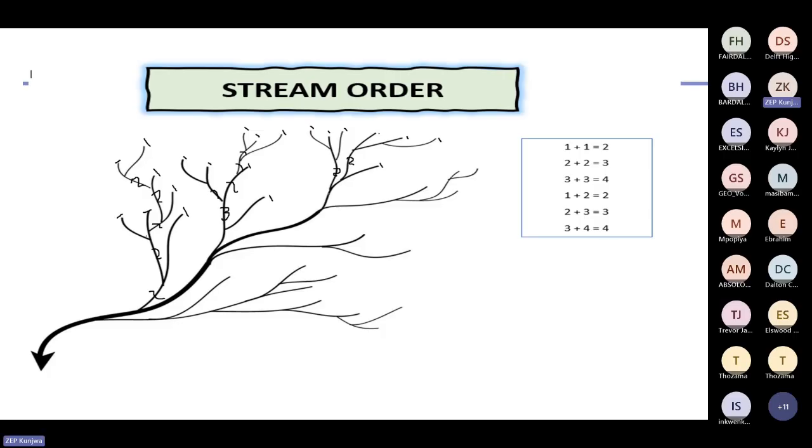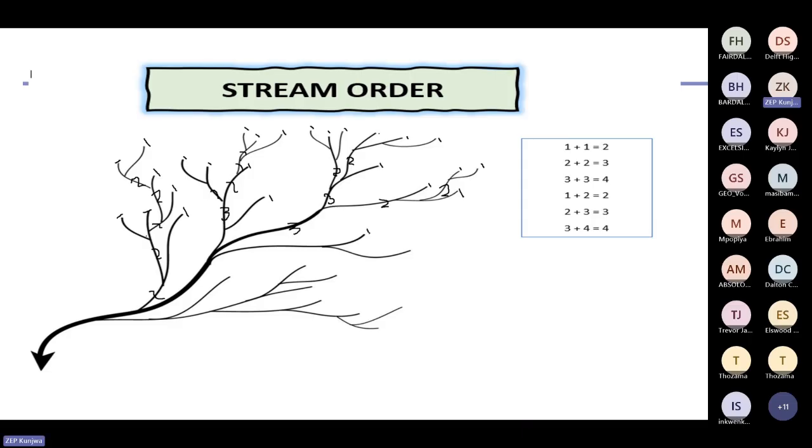There's 1 there, so you've got order number 3 there. And then you've got 1 and 1, 1 and 1. You've got order number 2. Got order number 2. Then you've got order number 3.